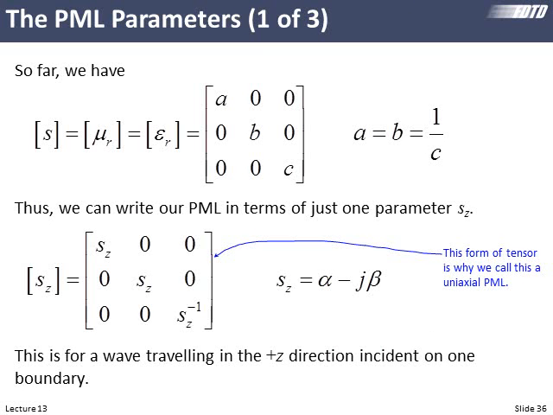So let's review what has happened here. We want to keep the impedance matched, so we'll set mu equal to epsilon. We'll just call this S. At first we made it just a biaxial, with all three different numbers going down the diagonal. But then we came up with a set of rules that said A and B have to be the same.